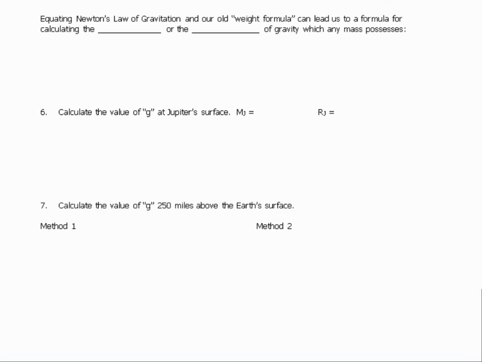Equating Newton's law of gravitation with our old weight formula can lead us to a formula for calculating the acceleration, or the strength of gravity, which any mass possesses. So these, I'll rewrite it since it's on the previous page.